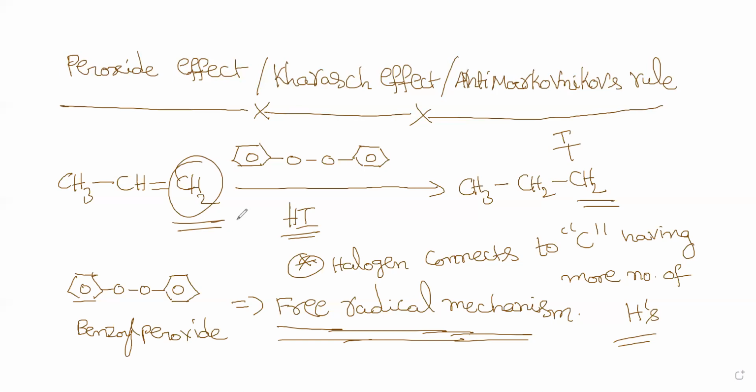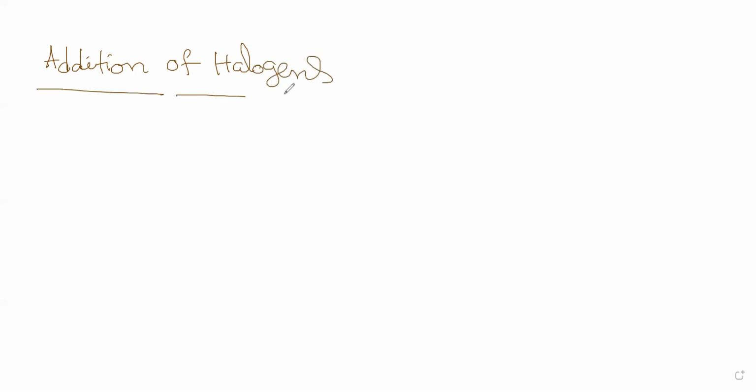Now the next topic is addition of halogens. This is the last one today. How do we add the halogens? This is also called the test of unsaturation.